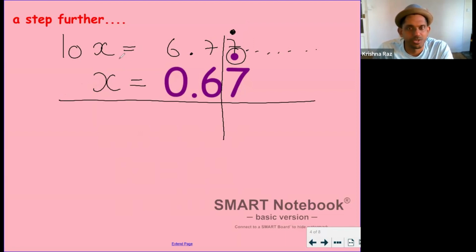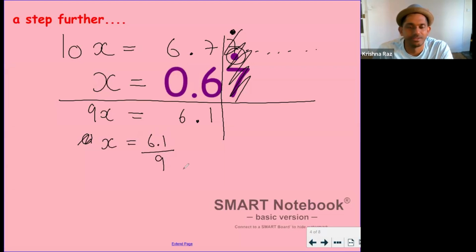So now when we subtract the bottom equation from the top, this bit cancels. We've got a 1 there, 0.6, and that will be equal to 9x. So if 9x equals 6.1, it follows that x must be 6.1 over 9.